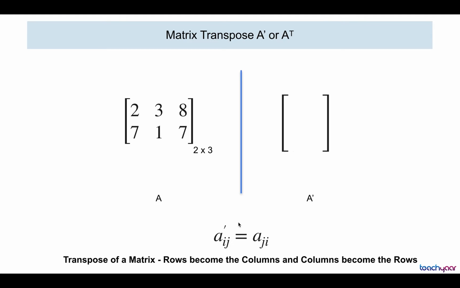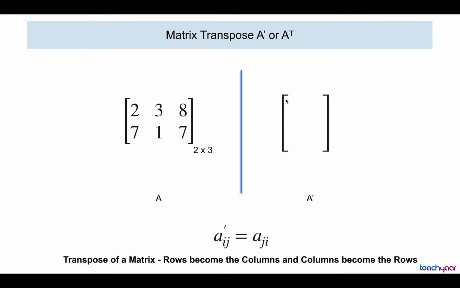Another way to understand this is, take the matrix A bar. The elements of A bar are A bar ij. Each element of A bar, called A bar ij, is equal to a ji, where the a's are elements of A. Small a, if you're familiar with matrix notation, with the subscripts i and j, denotes the elements of A. So what you can see here is ij and ji.